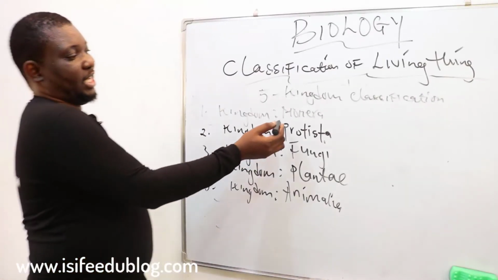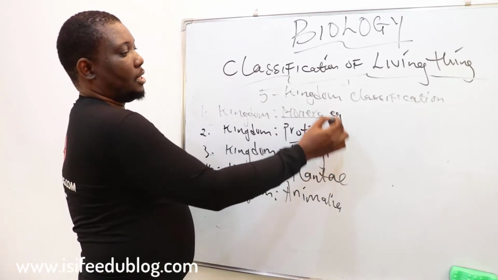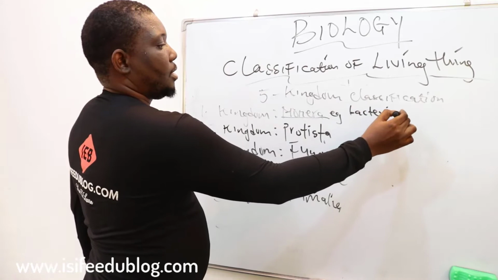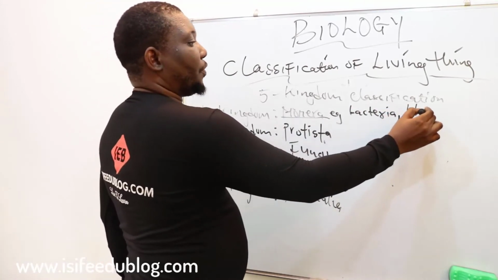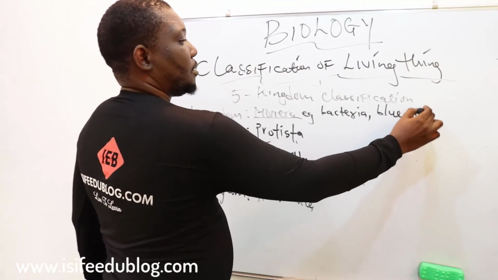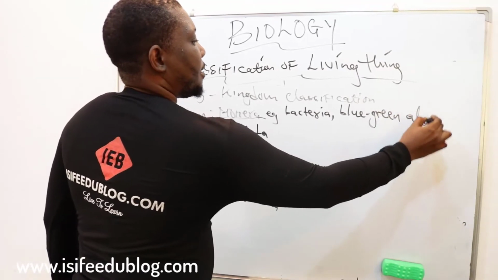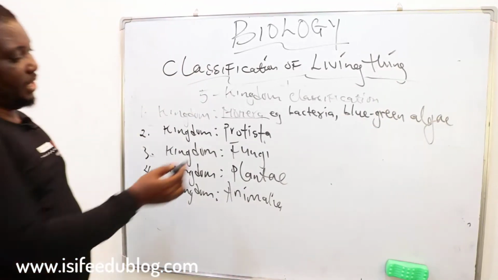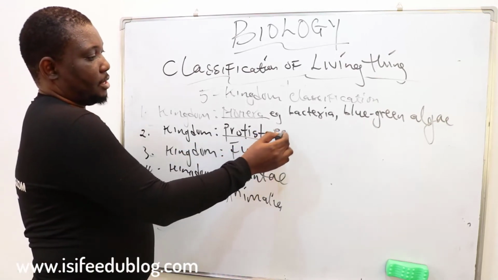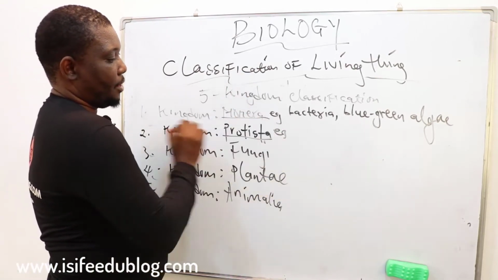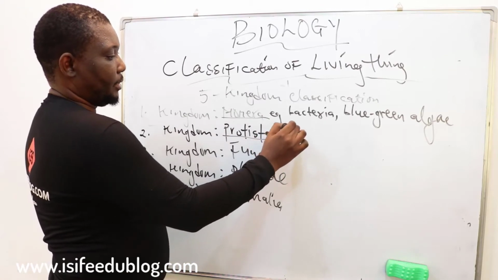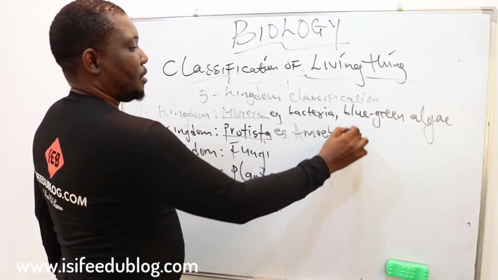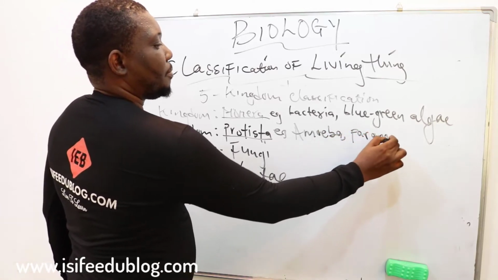The major representatives of the Monera are bacteria and the blue-green algae. The major representatives of the Protista, we have the likes of amoeba and the paramecium.